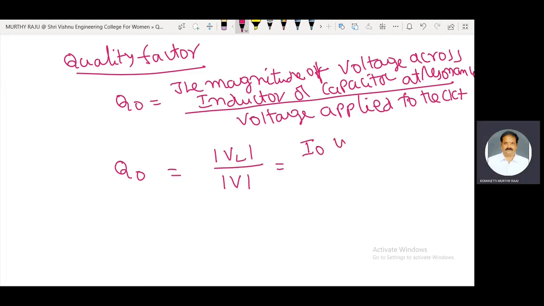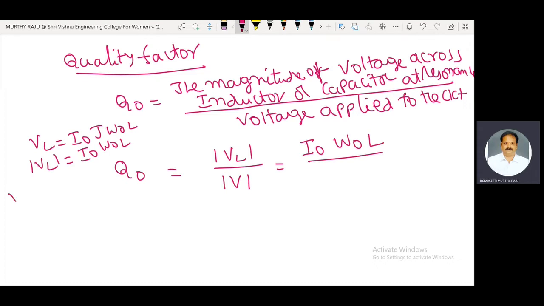Generally VL is equal to I naught into j omega naught L at resonance. Mod VL is the magnitude, the j term is cancelled, therefore I naught omega naught L.